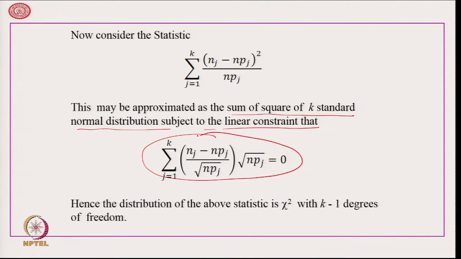Hence, what is this? It is the sum of squares of k standard normal variables with one constraint.